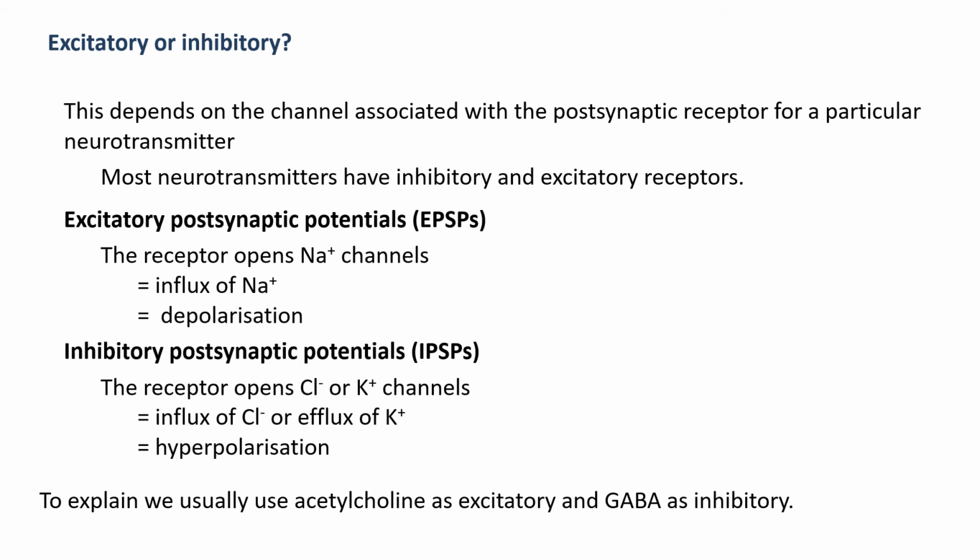To explain it, we usually use our old friend acetylcholine, ACH, as our excitatory neurotransmitter and GABA as our inhibitory. GABA actually is inhibitory within the central nervous system, so it's not a great comparison, but these are the ones we're going to use. And you already know ACH.